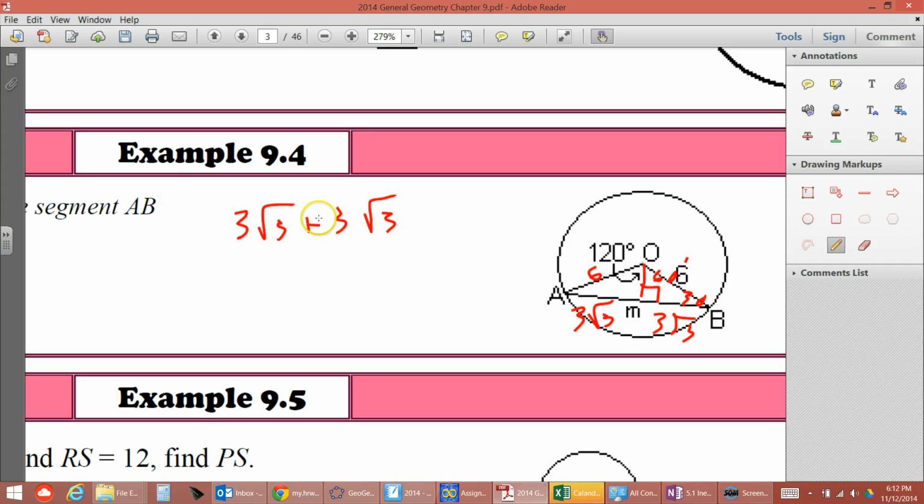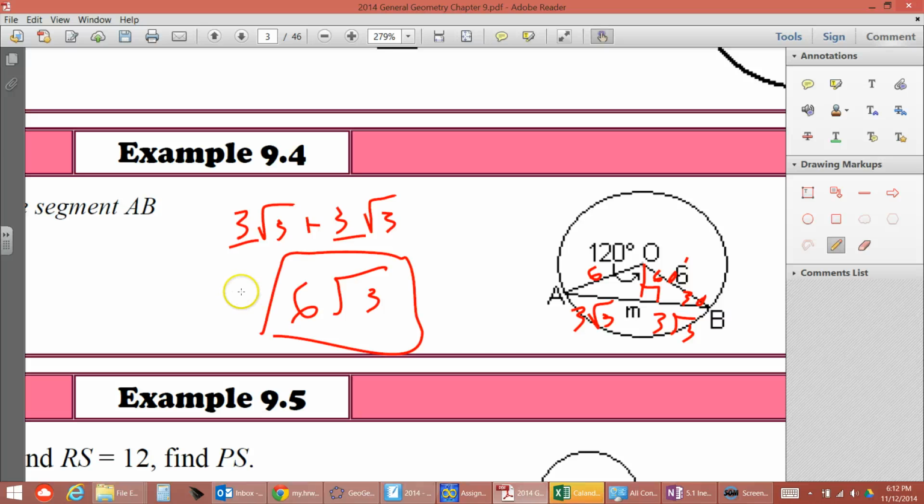So how many total root 3s do I have? Oh, geez. Delete that. Okay. I have total 6 root... No, not 6s. I have 6 root 3s total. I've got 3 here, 3 here. Total together gives me 6. So my answer should be 6 root 3 on my notes.